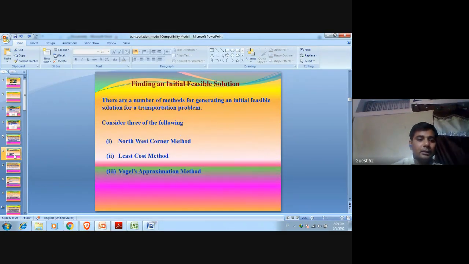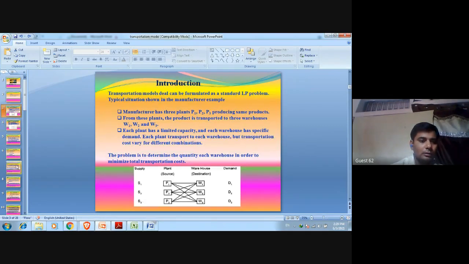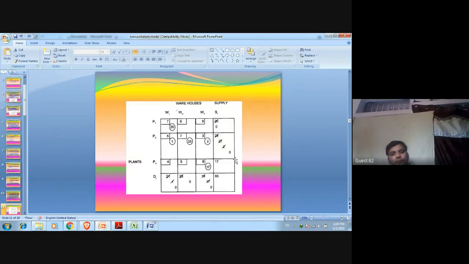Let us see an example. Look at this. Here 7 is your per unit cost, and the transported unit is 20.